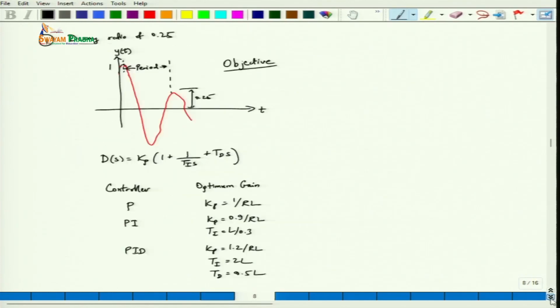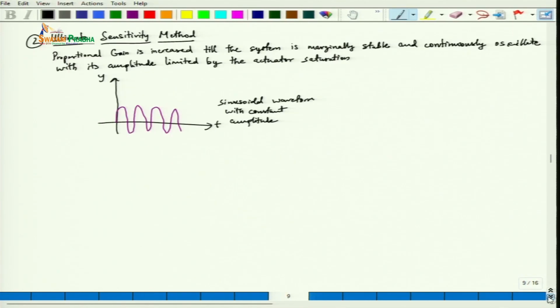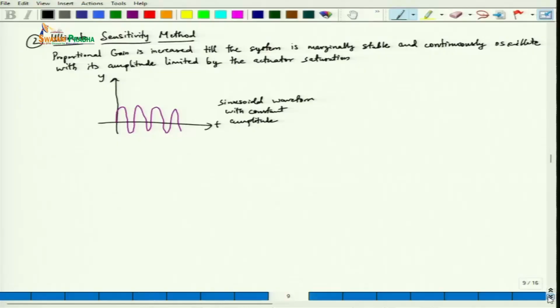Theoretically we can do that, but in practice there will be some saturation from the actuator. For example, the maximum output which a motor can give in terms of current will be limited. So in that scenario, this system, as we keep on increasing the gain, will become marginally stable and its amplitude will be restricted by this actuator saturation.